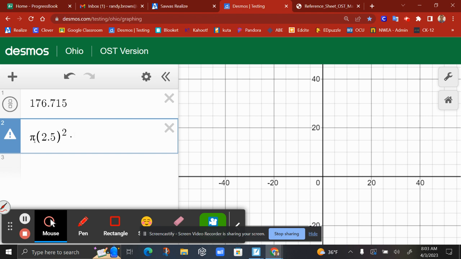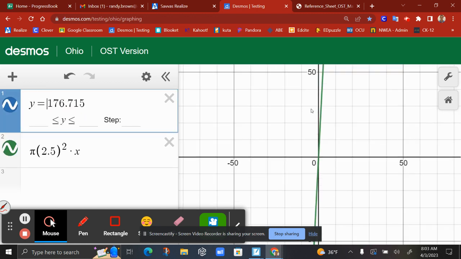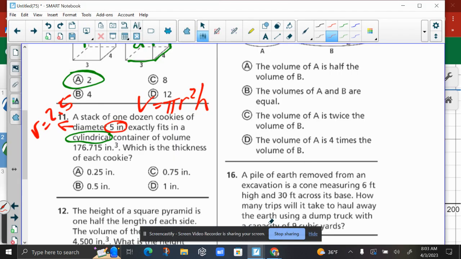What is our height? We need the height to find the answer, so that's our x value. Again, I need to put y equals. So our height is 9. So back over here, we get our height of the container is 9.